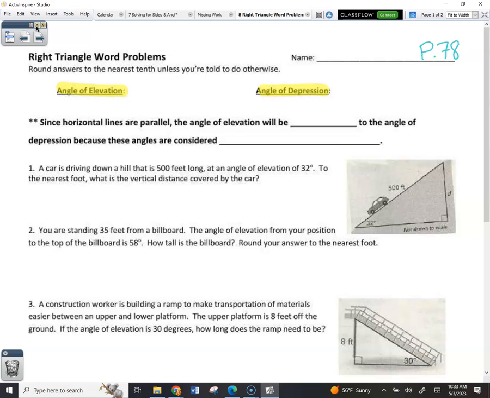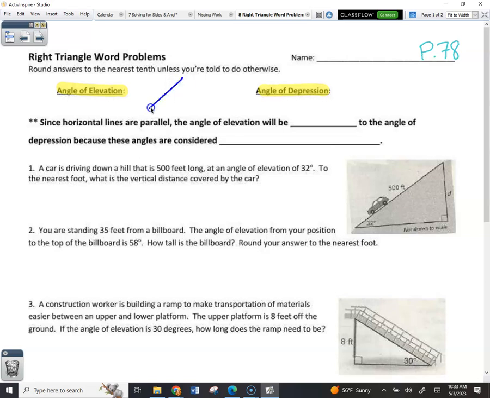Okay, so angle of elevation is exactly what it implies. It's the angle formed by looking out at the ground. Like looking straight at the ground and then elevating your head to look up at something. So let's draw a picture.